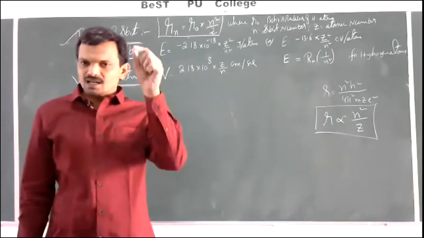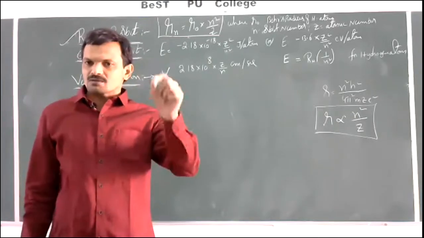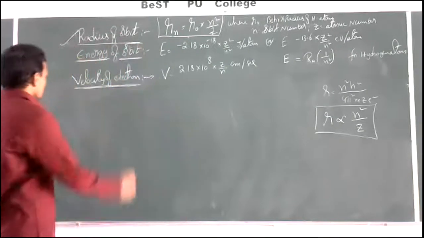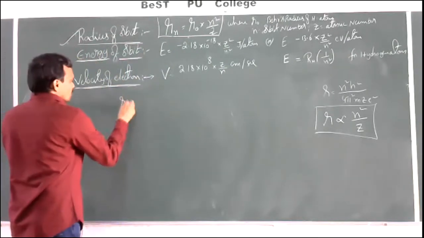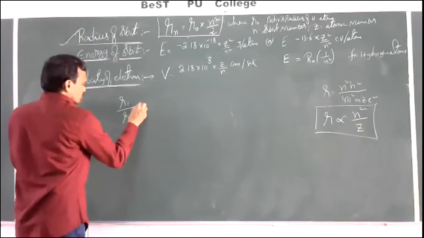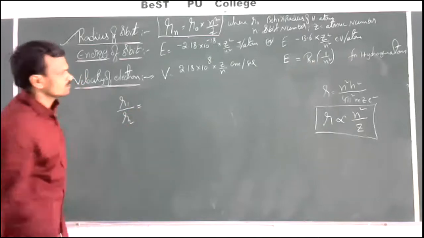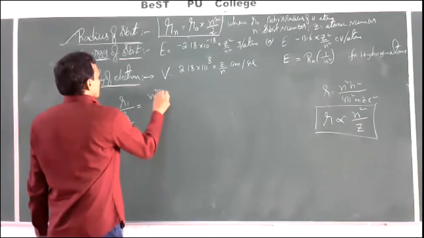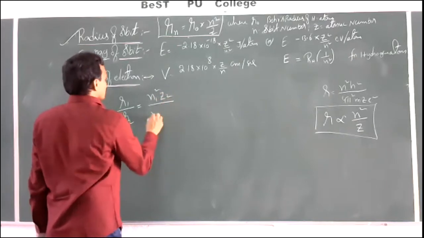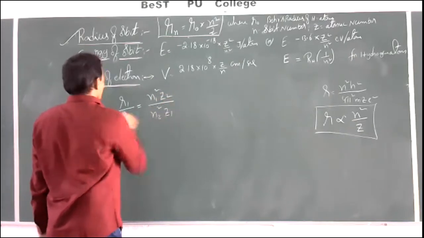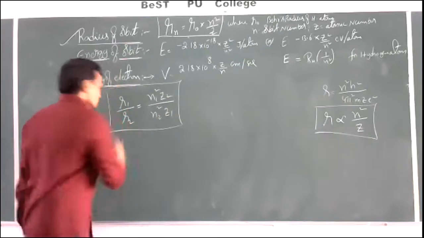Now if you are comparing the radius of two different orbits of two different atoms, then R1 by R2 is equal to N1 square Z2 by N2 square Z1. This is the relation.